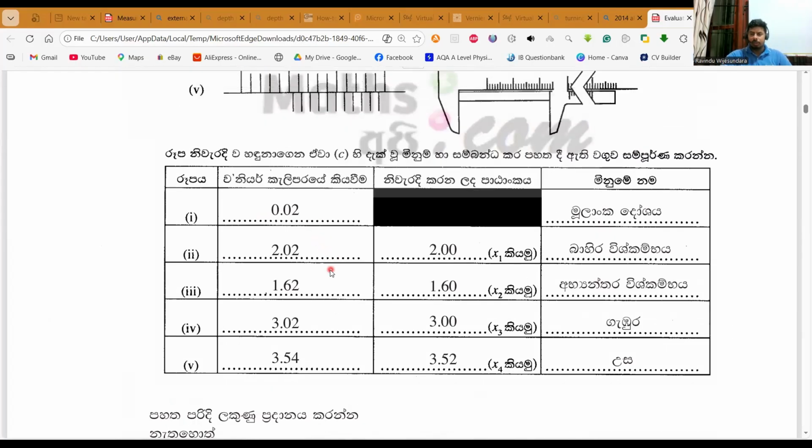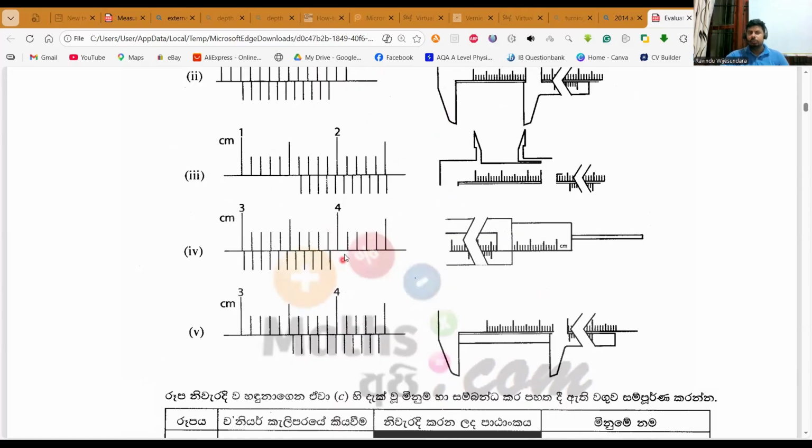This is the marking scheme that I have taken. But here the spaces are given, dotted lines are given. Then you have to write down the reading values. If you do not know how to read the vernier caliper properly, you won't be able to answer this question. Therefore, please understand this is very, very important.